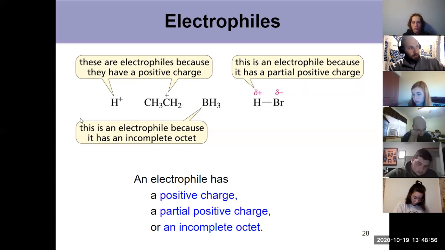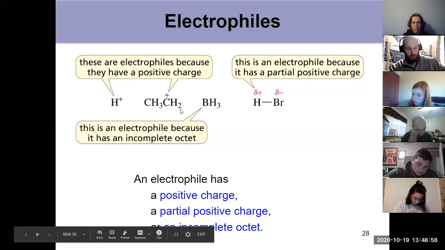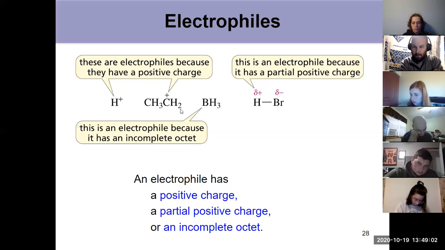So if I take these two on the left, those are super easy to identify as electrophiles. There's a positive charge right on it. That's like the blinking red light. It's like, this is clearly an electrophile, anything that has a pure charge. Okay? But that's not the only one. So they're the easiest, but they're not the only ones.